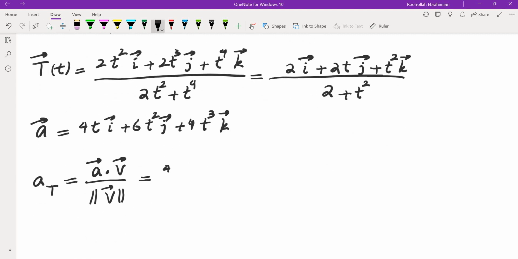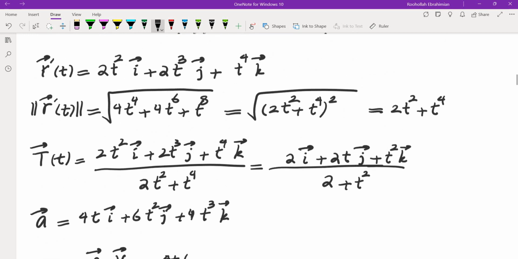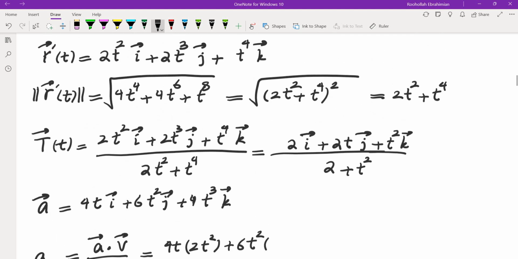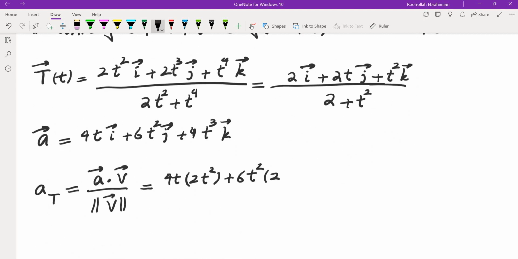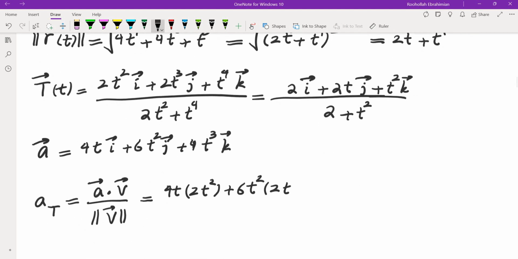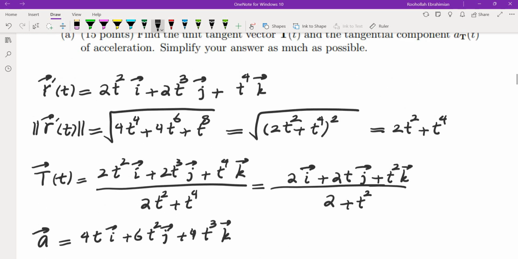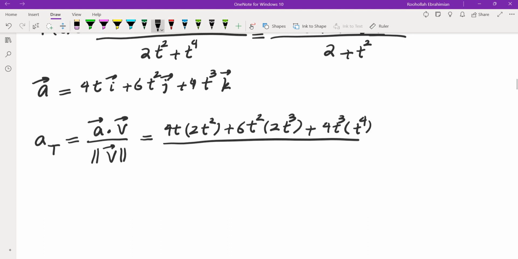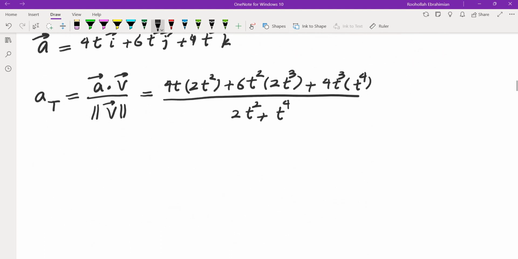So this gives us 4t times 2t squared, plus 6t squared times the second component of velocity, which was 2t cubed, plus 4t cubed times t to the fourth. All of that divided by the magnitude of velocity, which is 2t squared plus t to the fourth. This is something we did earlier.